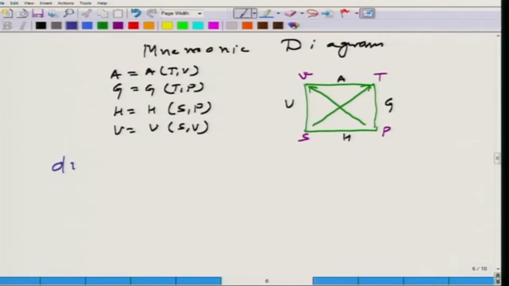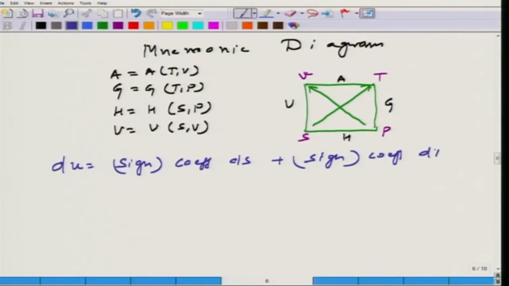So dU is the sign, then the coefficient, and the independent variables are V and S. We'll start with, let's say, dS, plus sign, coefficient, and dV. So what is the sign? For example, the sign in this case is given by this arrow.